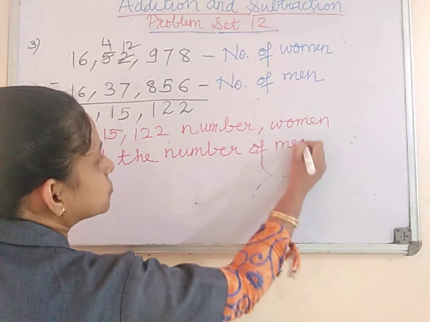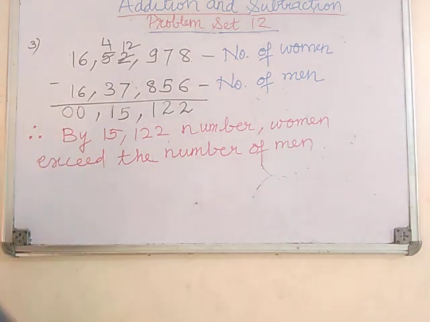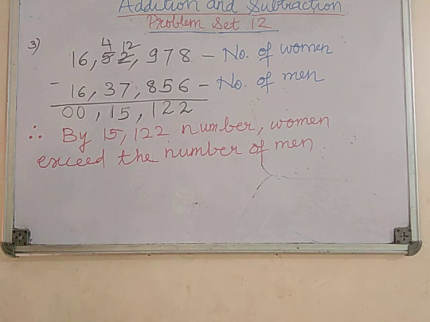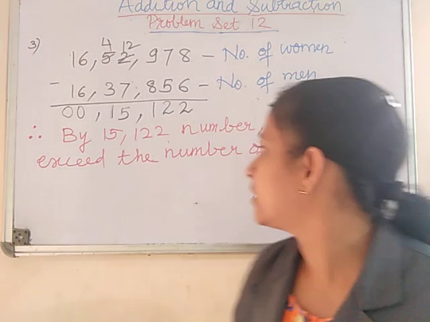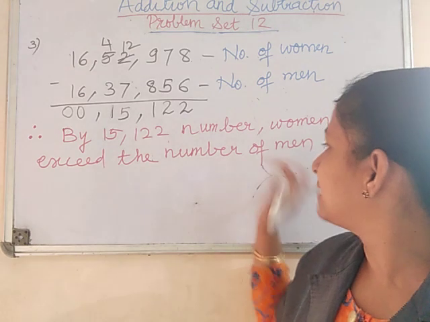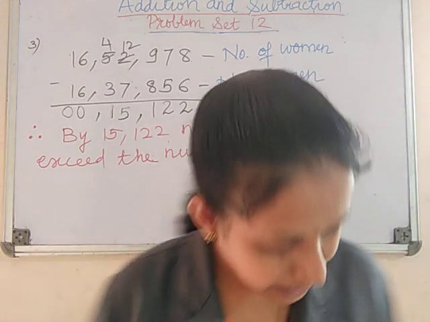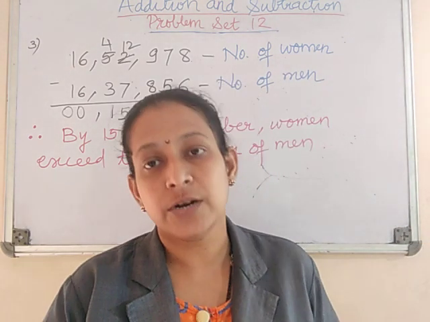So this is the third question. By 15,122 number, women exceed the number of men. Or you can also say that women exceed by 15,122 in the number than men. So you can write according to the question asked.